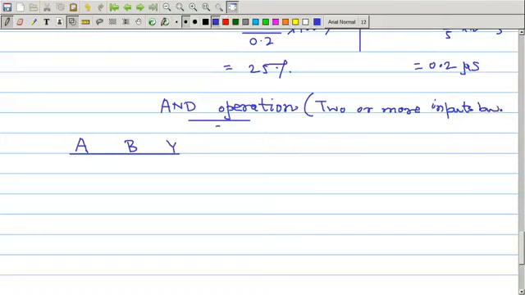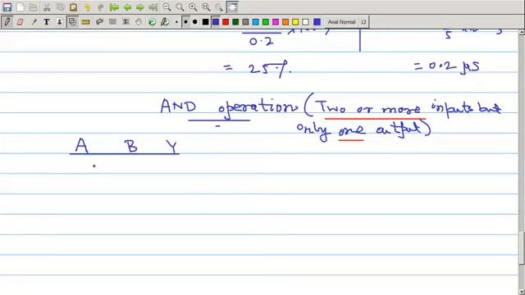Inputs you may have many in number, but you should have only one output. So this type of operation belongs to AND operation.